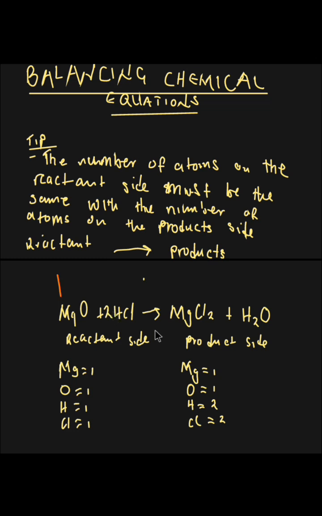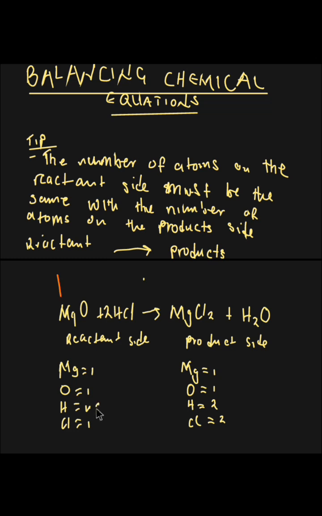So we're going to say, okay, so when you add a 2 there, then the whole scenario changes. So what we are going to have now is that on the reactant side you have how many atoms? So this 2 is a coefficient. It is multiplying everything that is on the other side. So you're going to have how many atoms?